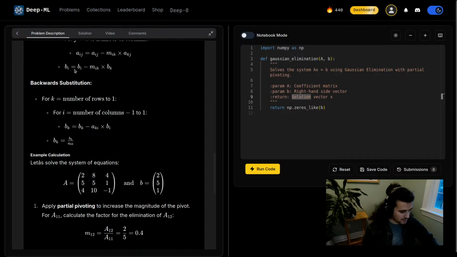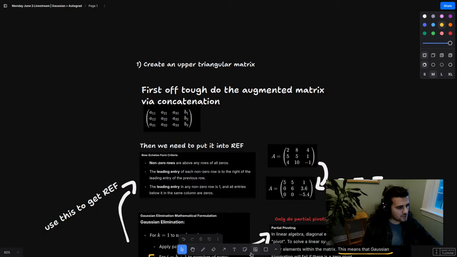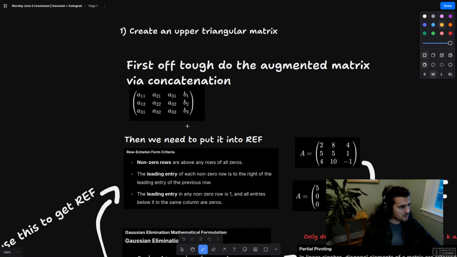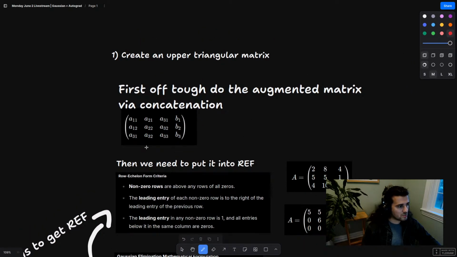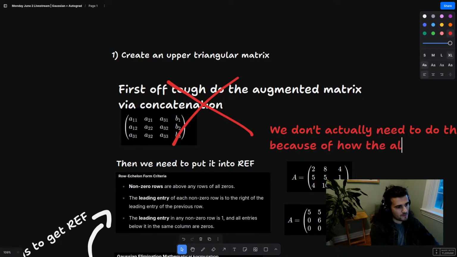Okay, so I think here we're done. If we're doing this, then this we don't need to do at all, because of how the algorithm is stated.